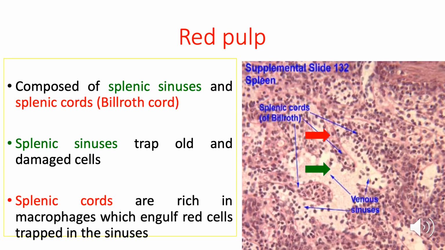Old red blood cells are no longer deformable, same as with damaged red blood cells. So what will happen? If these red blood cells flow through the green arrow, splenic sinuses, they will most likely be trapped, and the macrophages in the red arrow, splenic cords, will engulf them and destroy them. By the way, the other name for the splenic cords of the spleen is Billroth cord.